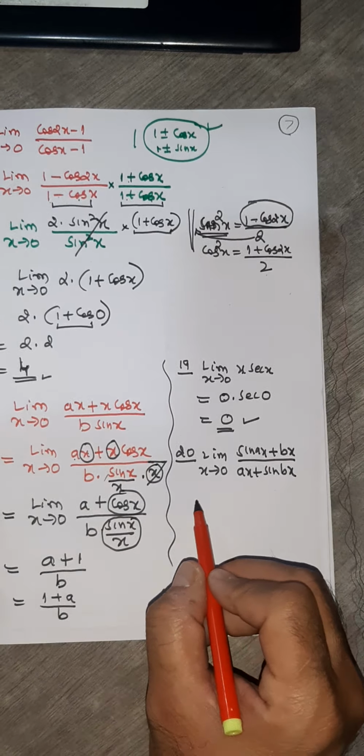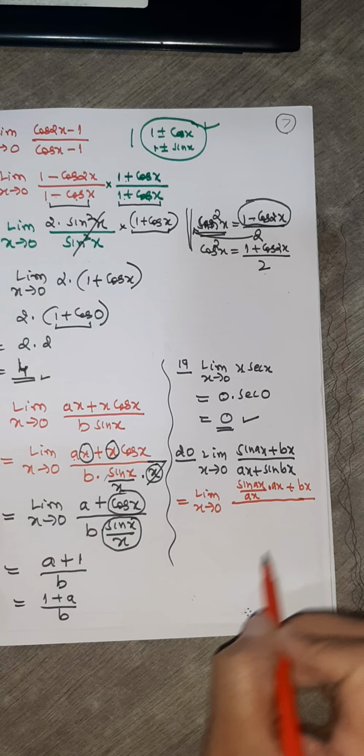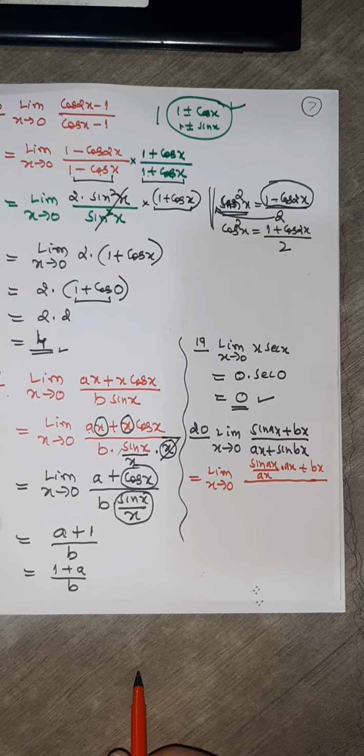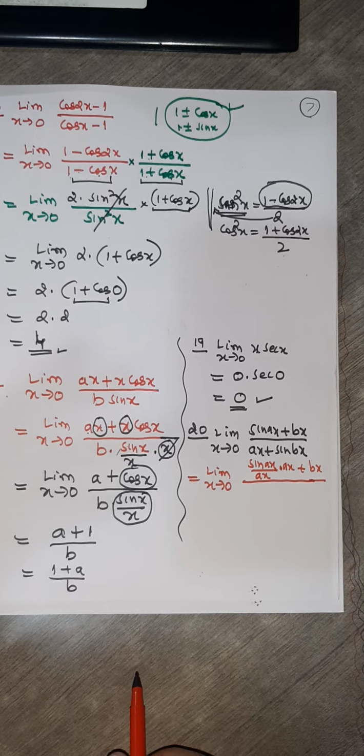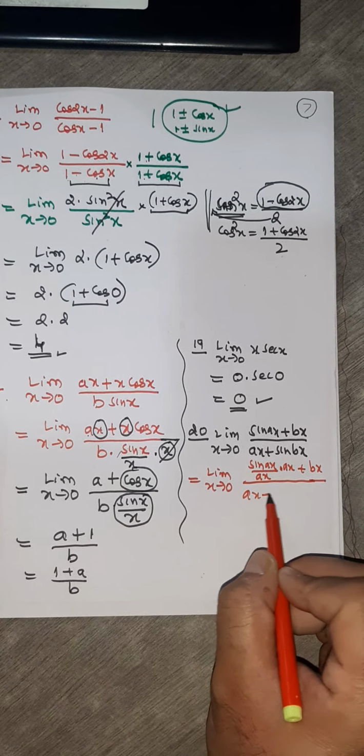So here sine ax by ax into ax plus this bx as it is. That's not important for us, remember. Important one is this trigo, upon this ax as it is. But here you must have the same angle, remember. So sine bx upon, I need to write bx, so I need to write into bx, multiplying and dividing by bx.